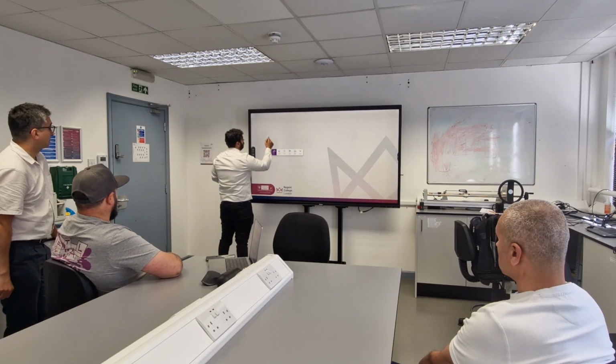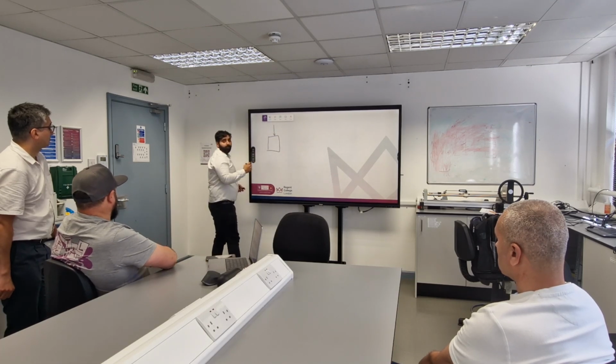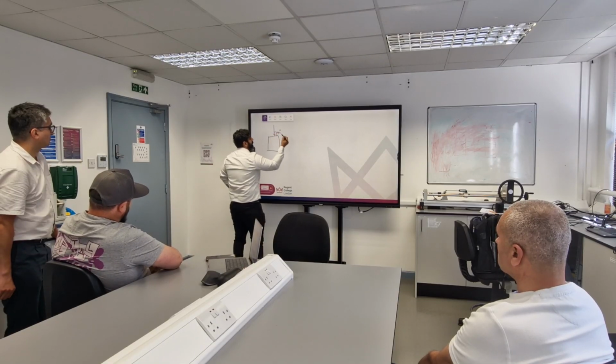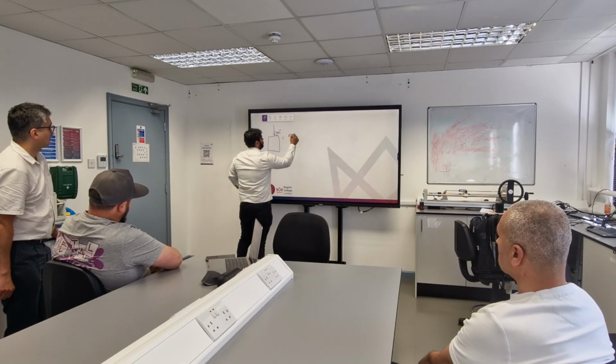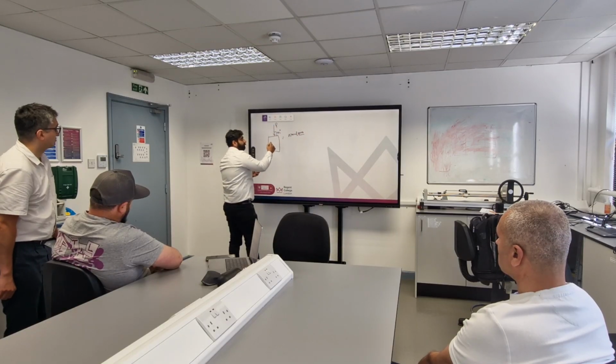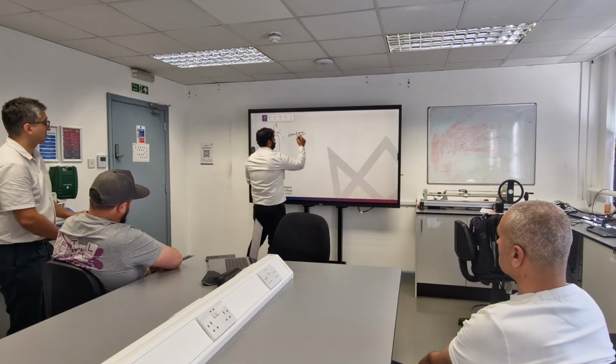Suppose there is a body and forces are applied on the body at 90 degrees, then it becomes the normal stress. Okay, this is P, and the resistive force that the body offers against that force is the normal stress.